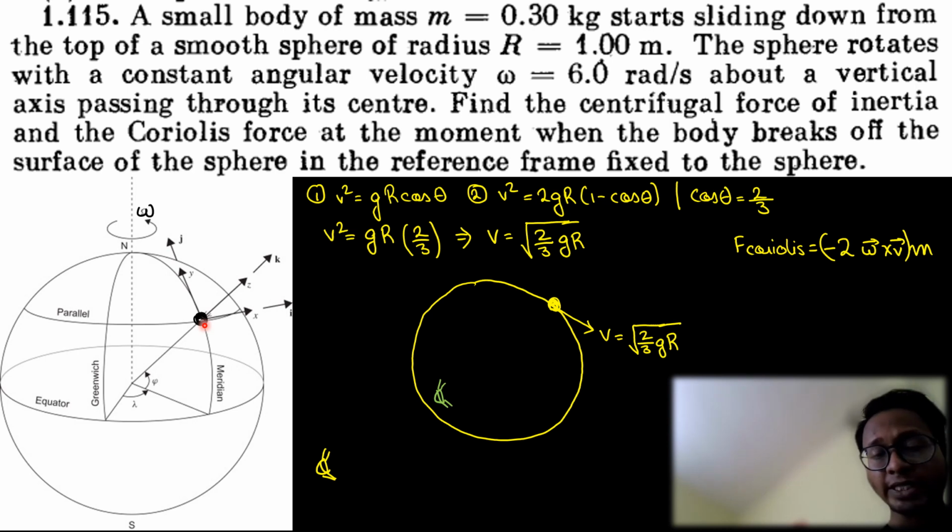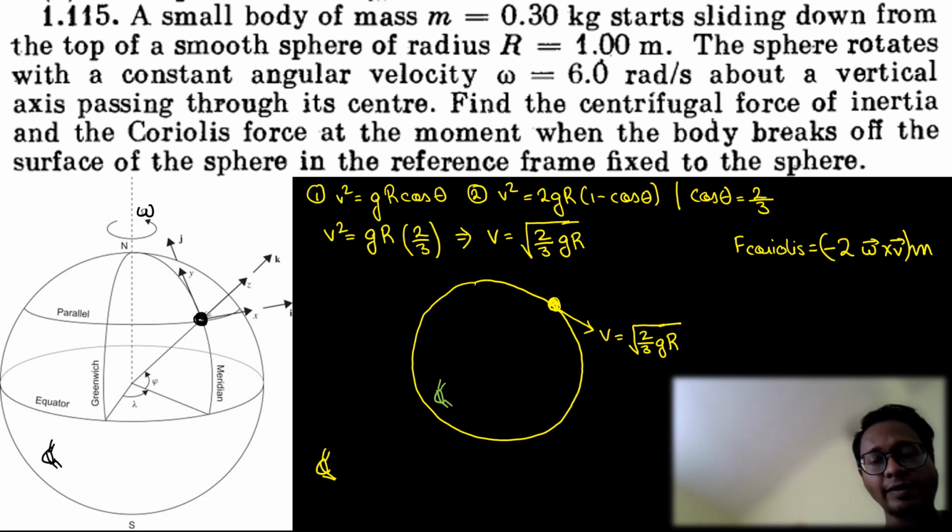Instead of v equal to root 2 by 3 g r, imagine the particle was floating out here as seen by this guy. If the particle was floating out here, the velocity would be zero. Fair and fine. So how would a person sitting inside the sphere see the velocity of the particle if the velocity of the particle was zero?